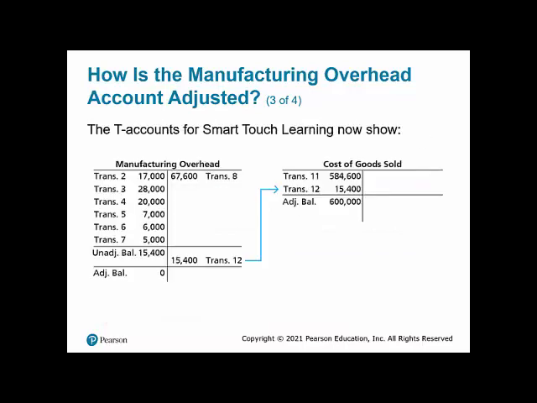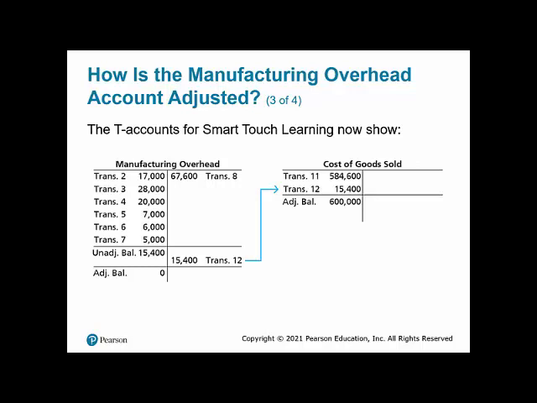This slide shows the T accounts for manufacturing overhead and cost of goods sold. As we noted in the previous slide, manufacturing overhead was underallocated. The actual costs were more than the amount that had been allocated to work in process inventory.